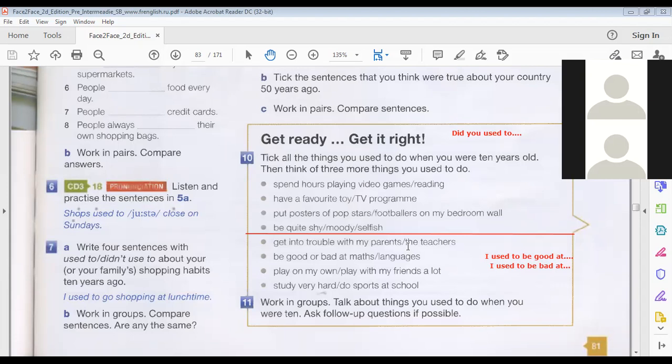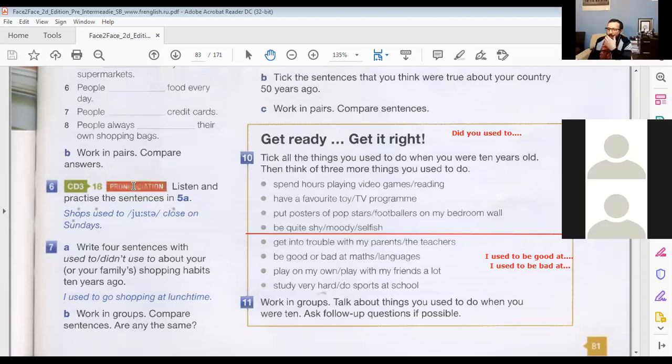Good. So now Sophia, you can ask the second half and Selma will tell you a little bit about herself when she was 10. So you can start, Sophia. You can ask the second half of the questions and Selma, you can tell us a little bit about yourself when you were 10. Yes.